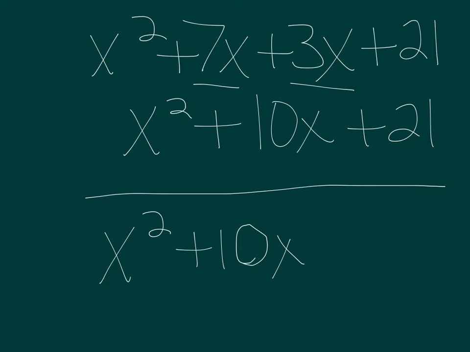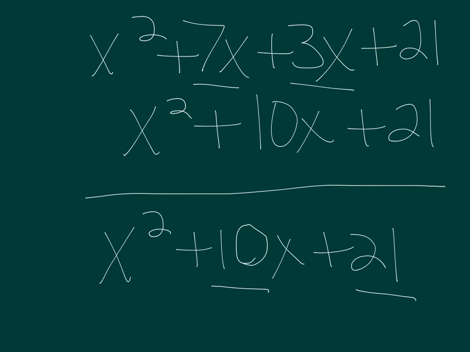And then your last term is going to be your 3 and 7 multiplied, so plus 21. So whatever numbers are here and here, your middle term is going to be those added in front of your variable, and your third term is going to be just those 2 numbers multiplied, and it's a constant. And that gives you your standard form.